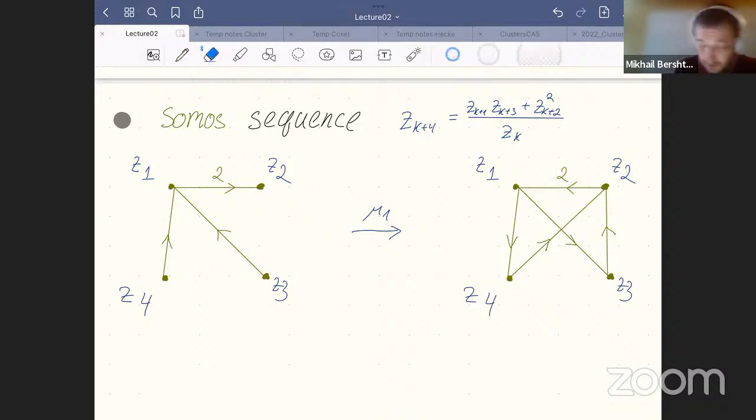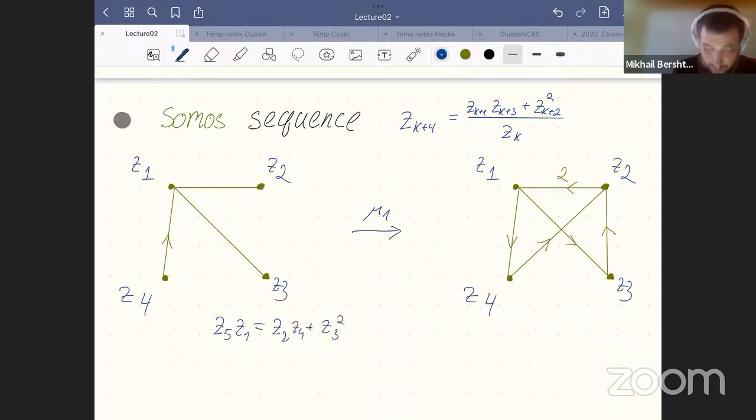I realized that I missed. Yes, I drew this incorrectly because my recurrence relation is the following: Z5 times Z1 is equal to Z3 Z2 Z4 plus Z3 squared.